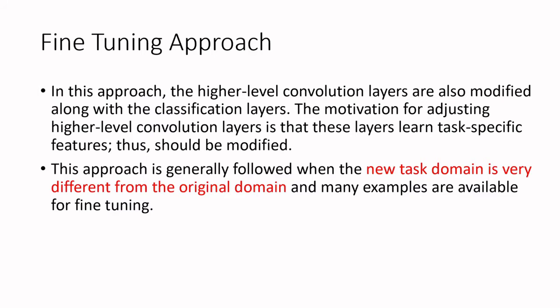And as you move towards the end of the network, the knowledge captured by such networks is more and more domain specific. So what you can do is you can remove the last layer or last two layers and basically retrain the network with new last one or two layers and make some adjustments to the network so that it can perform well for your given problem. So that's the basic idea of transfer learning.